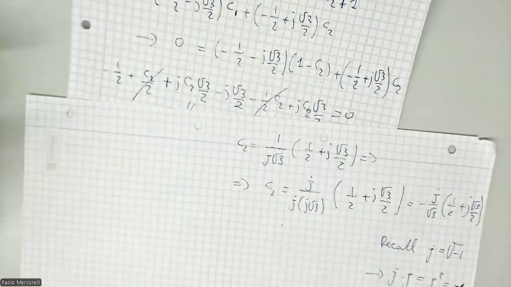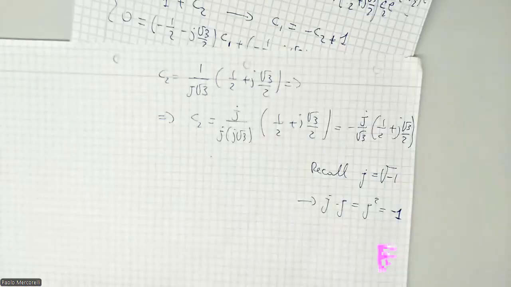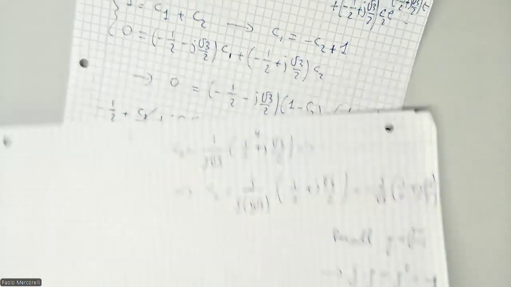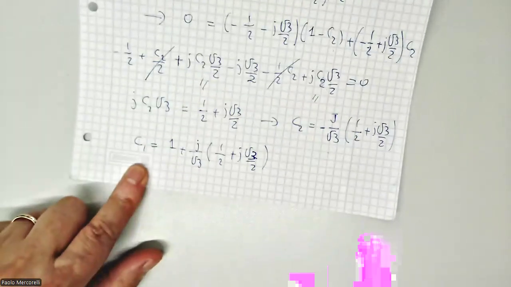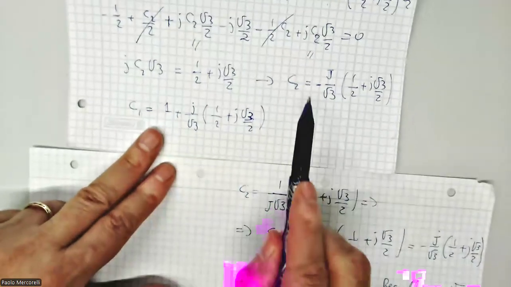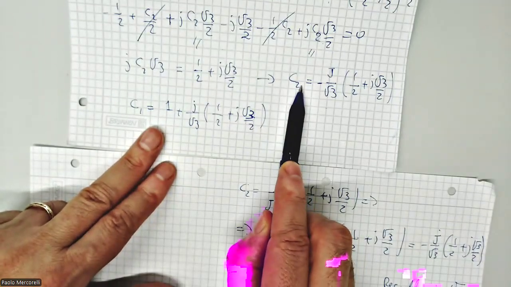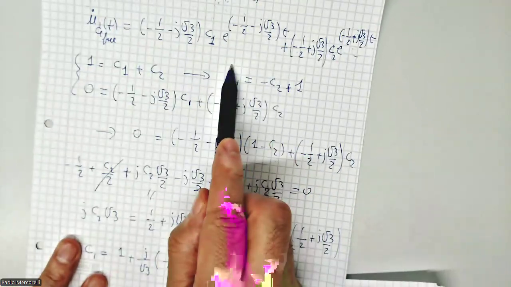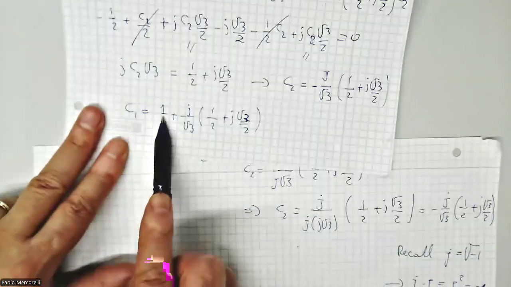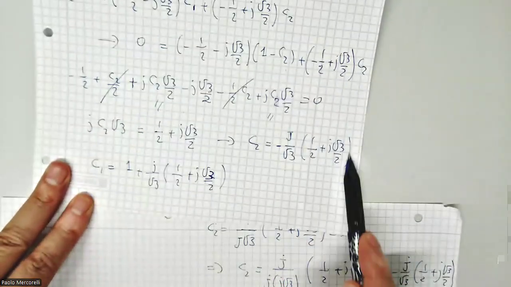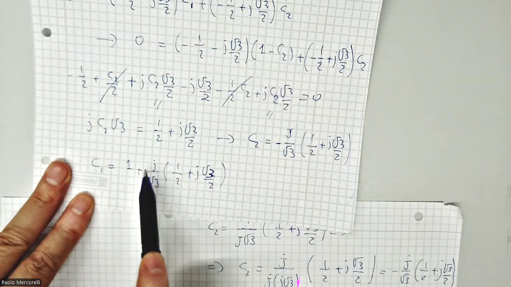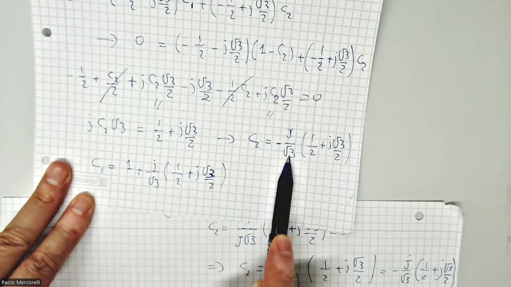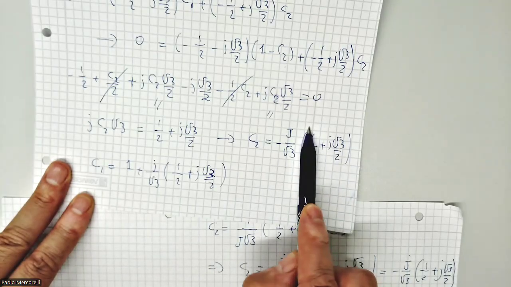Just to recall everything from high school. If we have C2, I can calculate directly C1 from where? From here. It's 1 minus C2. 1 minus C2 means plus here, j divided by 3, which multiplies this binomial element.